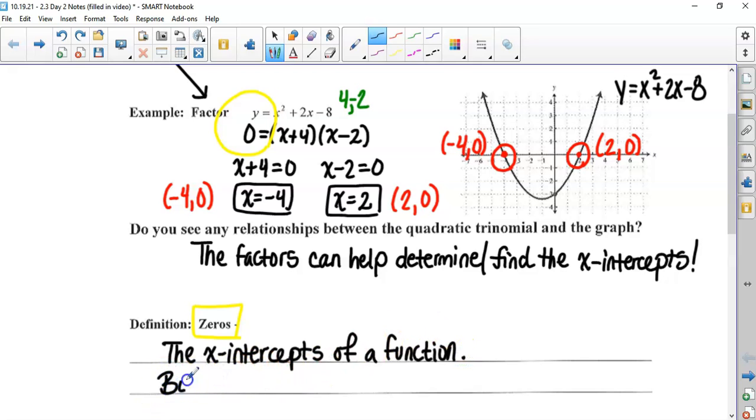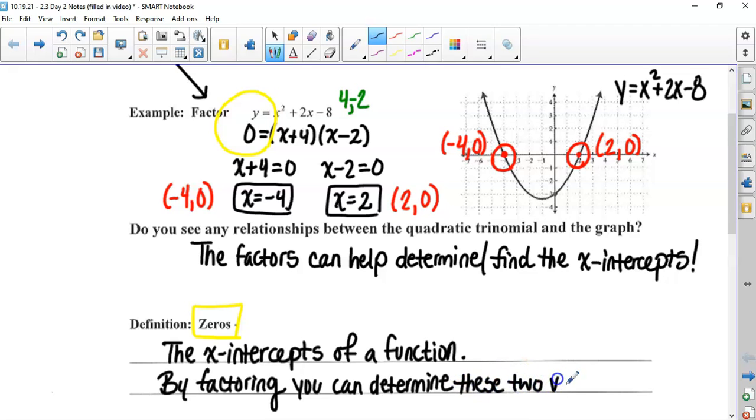By factoring, you can determine these two values. So big takeaway, whenever you see the word zeros, we're talking x-intercepts.